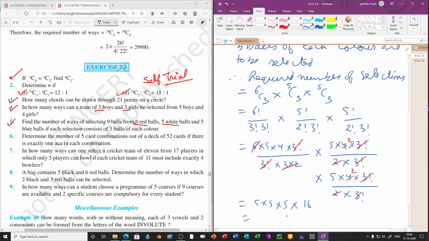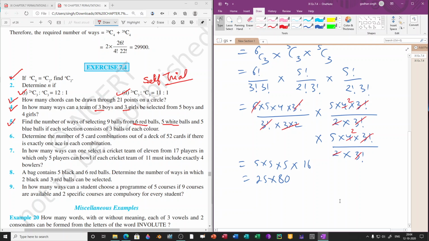So this will give us 16 into 25, which is 80. Now, 8 into 5 is 40. So 0 here, 4 carried over, 8 into 2, 16, 16 plus 4, 20. So the answer is 2000. So there are 2000 ways of getting the required number of combinations.